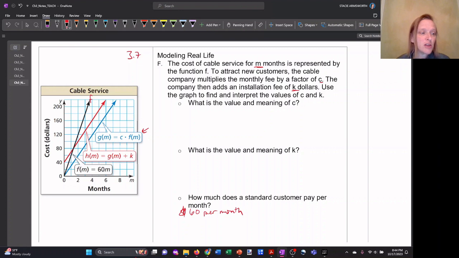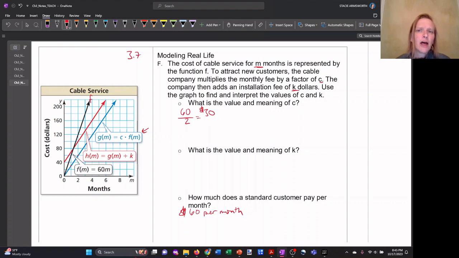My slope went from a slope of 60, a rise of 60 for a run of 1, and now I have a rise of 60 for a run of 2. That means the slope is now 30. And I can see here that for a run of 1, my y value is in fact 30.